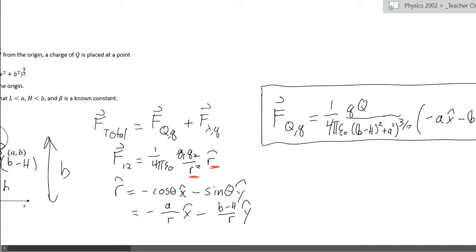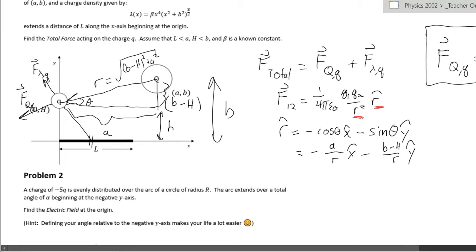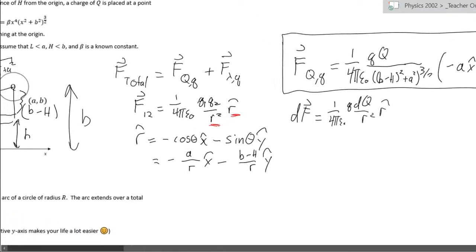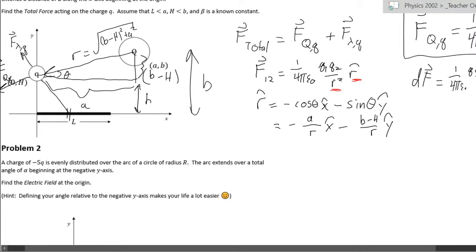The second force that we need to find comes from the distribution of charge that we have here. And the way that we're going to do that is we're going to say that dF is going to be equal to 1 over 4 pi epsilon naught times Q times dQ divided by R squared times R hat. And really what we're doing here is essentially the same thing, only we have some infinitesimal charge dQ that we need to define.